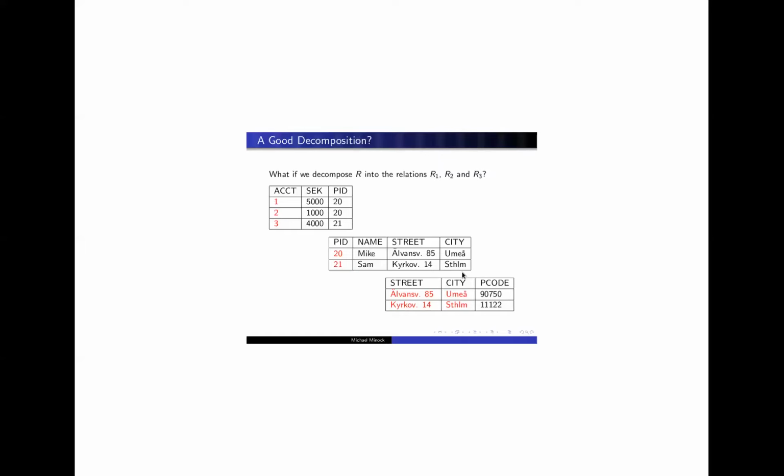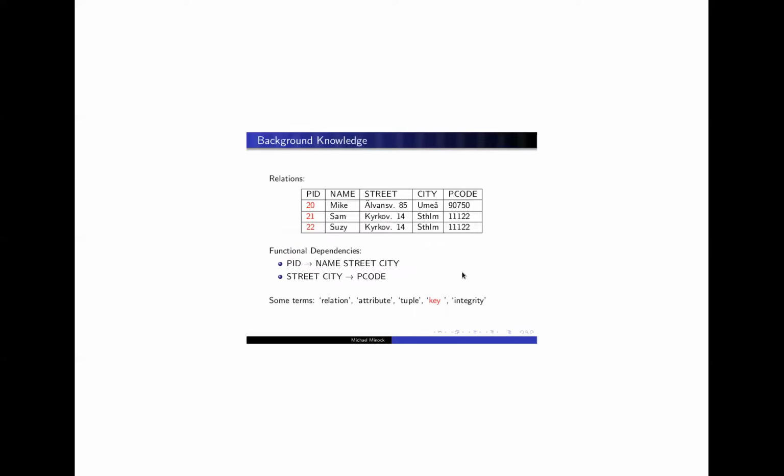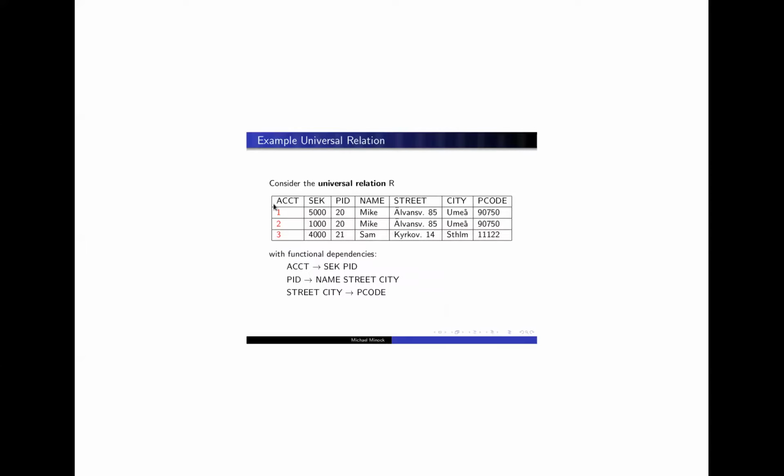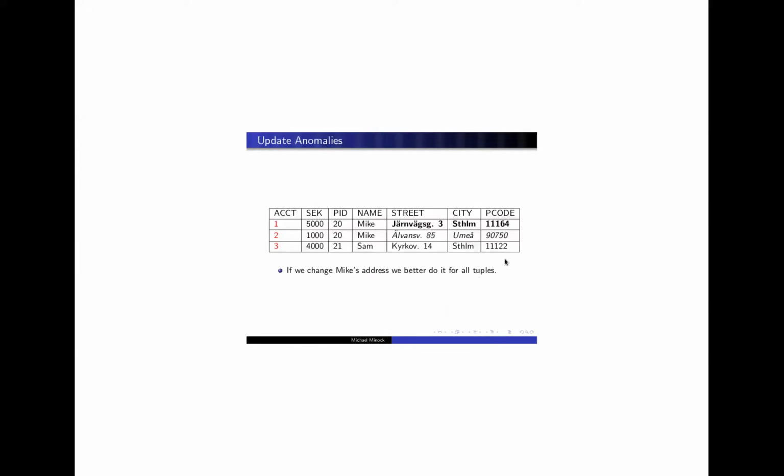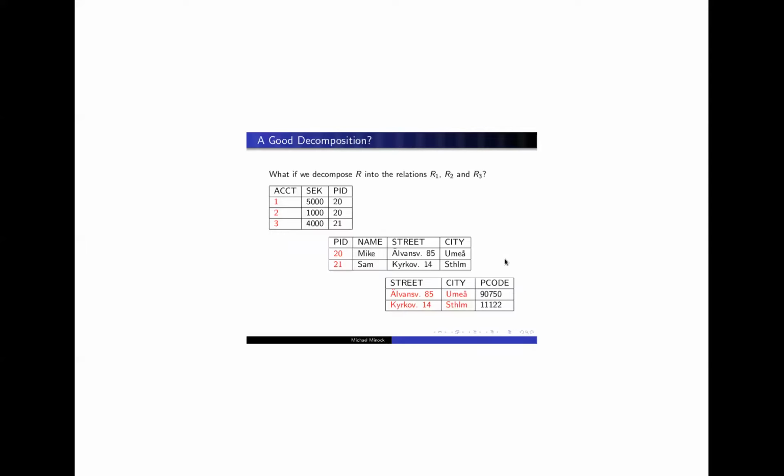Anyways, all of this would involve very complicated, expensive protocols to maintain the integrity. All right, now let's consider this universal relation we had here, with 1, 2, 3, 4, 5, 6, 7 attributes. Let's consider what would happen if we broke it into 3 different tables. We have a table that represents the account number, who owns the account, and how much money they have in the account.